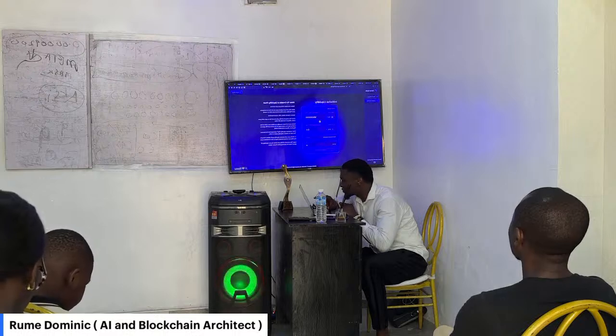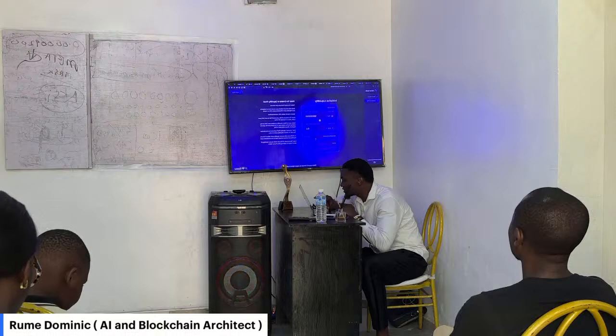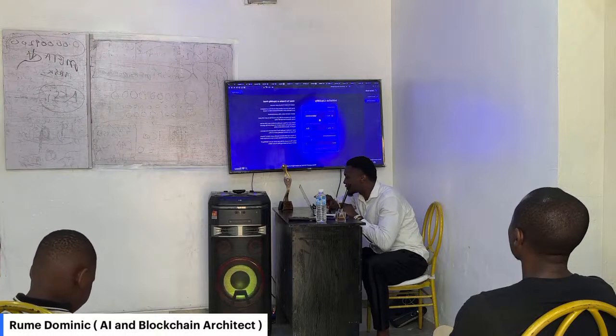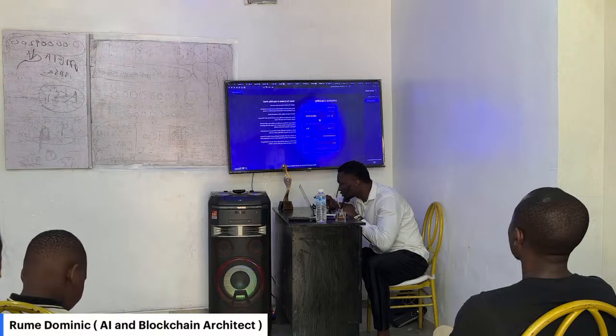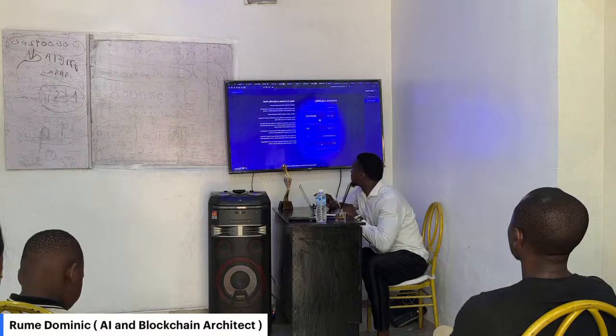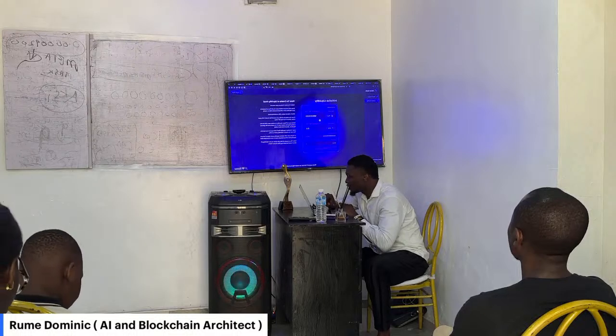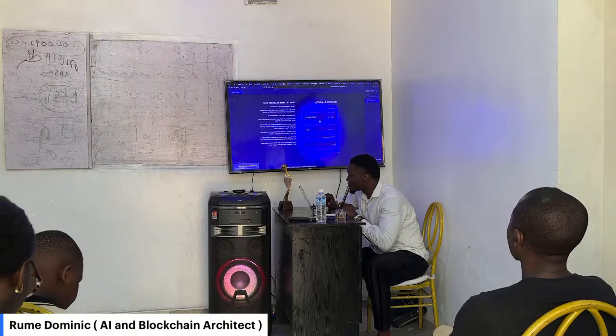Then it asks you for the fee tier. Why is this fee tier not giving me a drop down? It's supposed to be at 0.25. You should not make the fee tier very high.